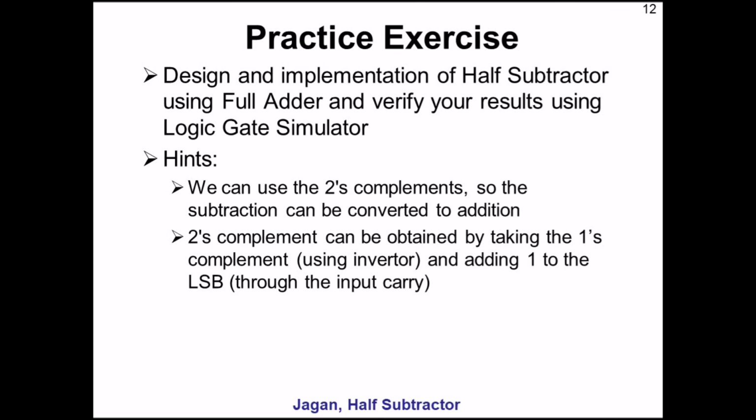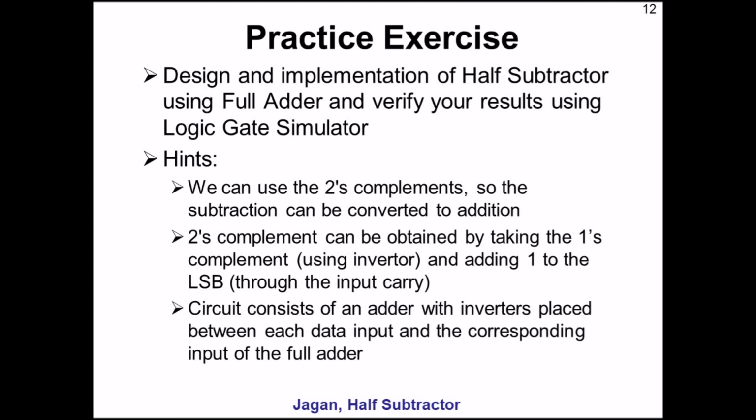Then you need to add 1 to the least significant bit through your input carry. So finally your circuit would have an adder with inverters placed between each data input and the corresponding input of the full adder. So hints are given and it's time for you to practice the half subtractor circuit using a full adder.